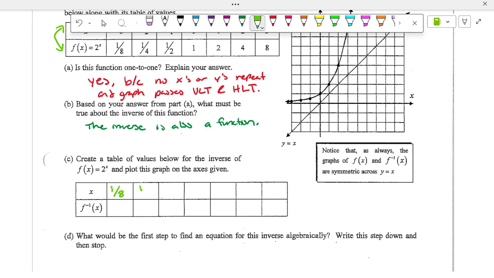So 1/8, 1/4, 1/2, 1, 2, 4, and 8. And then the bottom would be the other row. So this would be -2. Oops, that's -3. -3, -2, -1, 0, 1, 2, 3. All I did was flip-flop the two rows.